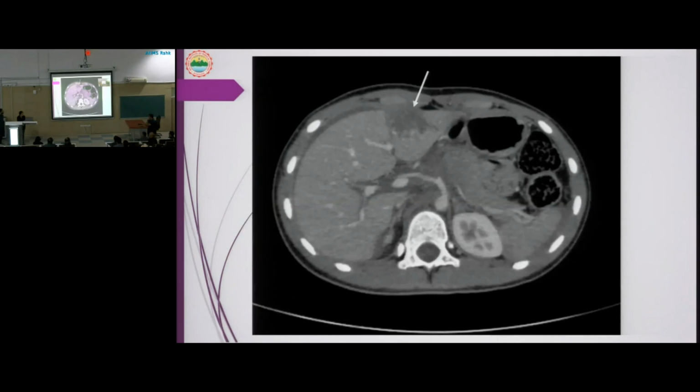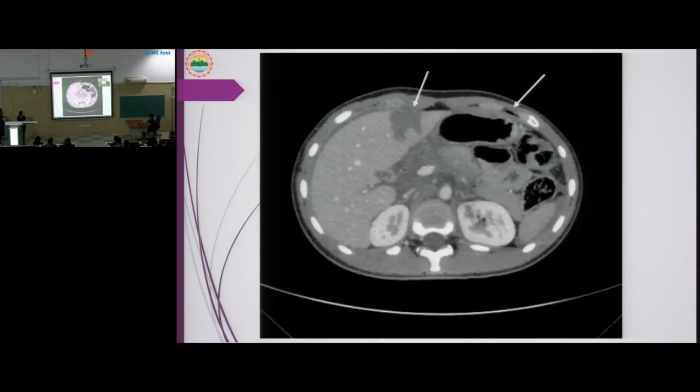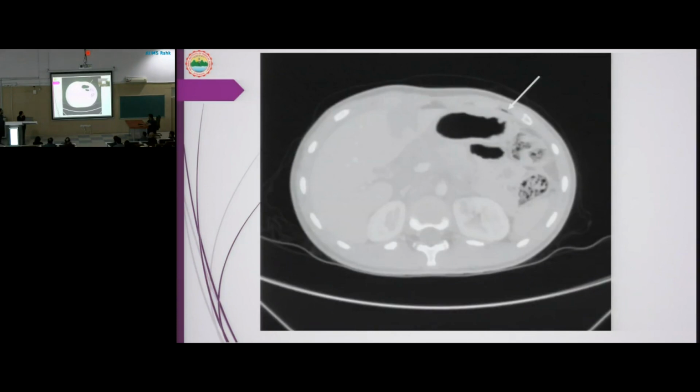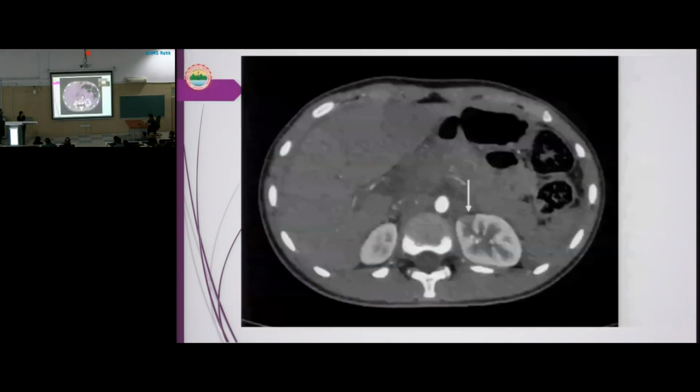We also saw wedge-shaped hypoenhancing areas in the liver. It was a grade 3 liver injury. We can also see a pocket of intraperitoneal air, which suggests pneumoperitoneum in this patient. In the lung images, we can clearly see a speck of air.